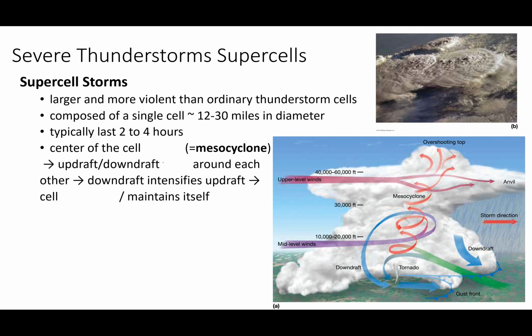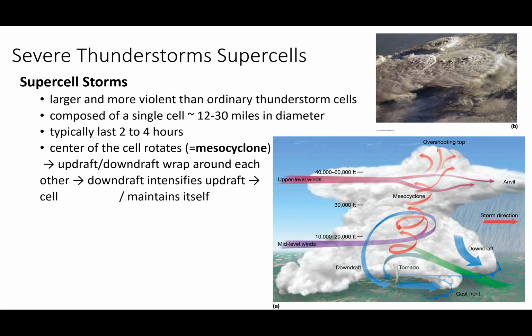So this is the diagram of a supercell, and it has some similarity to an ordinary thunderstorm cell. One of the things that's different is this mesocyclone you see in the middle. Ordinary cells will not have this. The word cyclone might say rotation, tornado, and you're right. This mesocyclone is what may or may not be the region that a tornado drops out of.